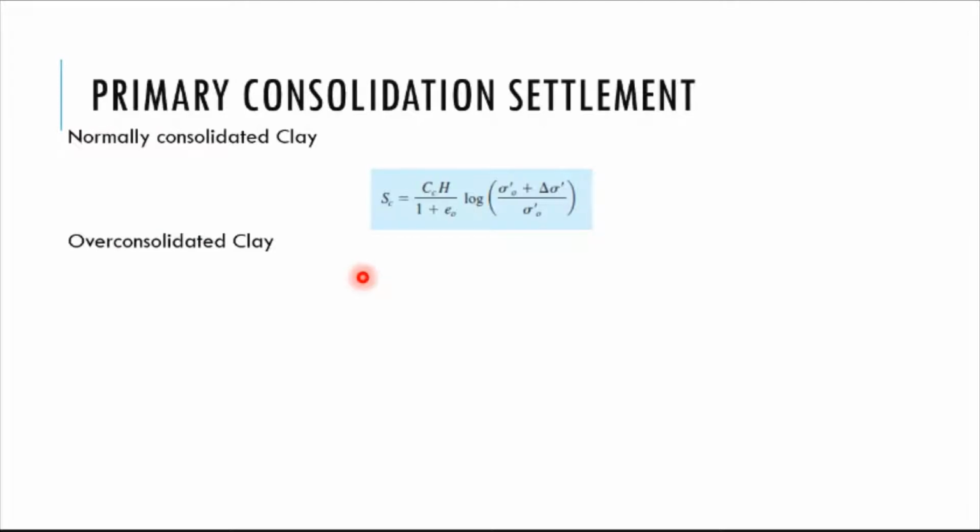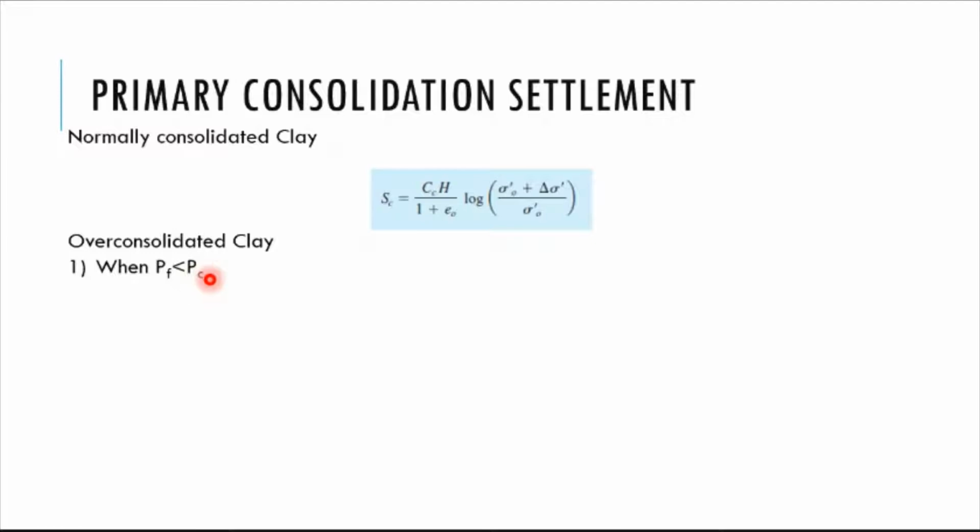there are two situations. When P sub F is less than P sub C, what do you mean by P sub F and P sub C? P sub F is the final stress, the summation of the overburden pressure plus the change in stress due to the application of load.